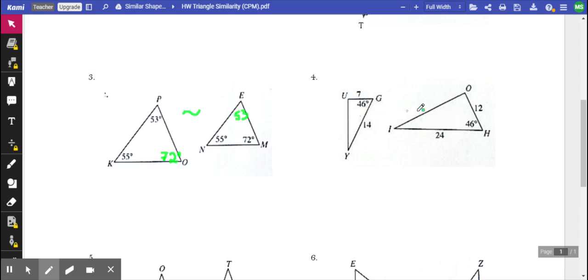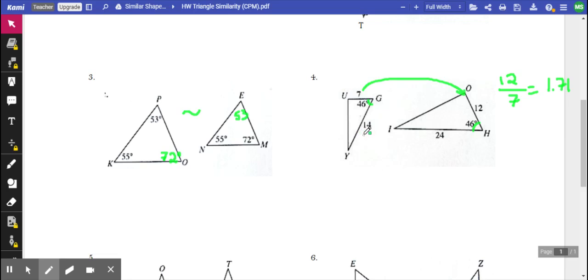In number 4, we have a 46-degree angle right here, so that matches up on both triangles. And we want to look and see if our sides are proportional. So from 7 to 12, we want to figure out our scale factor. So we got to do 12 over 7. And 12 over 7 comes out to an answer of about 1.71.